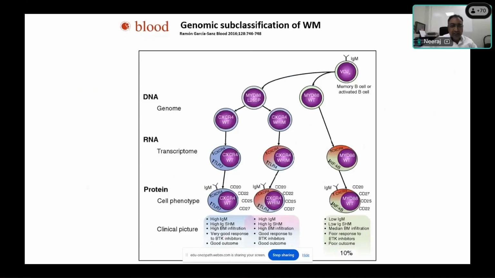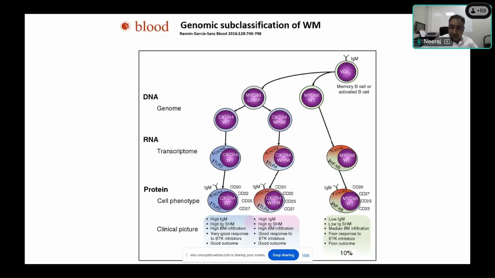MYD88 is one gene, the other is CXCR4, and based on the positivity of MYD88 and CXCR4, you are able to subclassify or risk stratify your Waldenström into different subcategories, and pick up some of the cases of Waldenström which may not respond to ibrutinib.